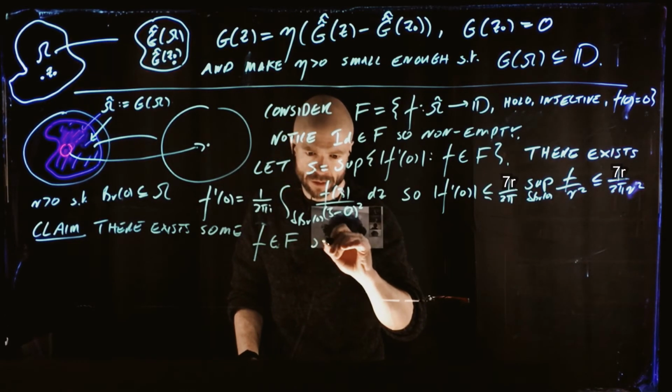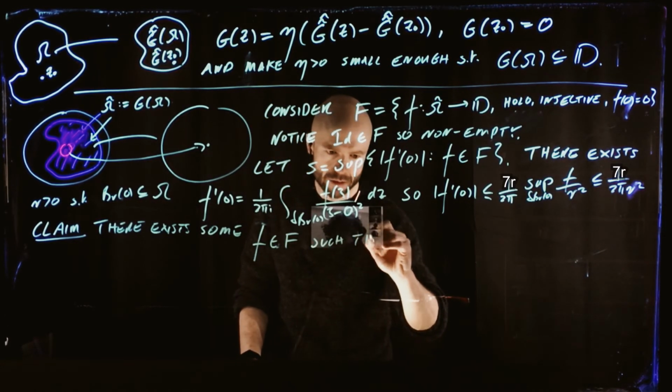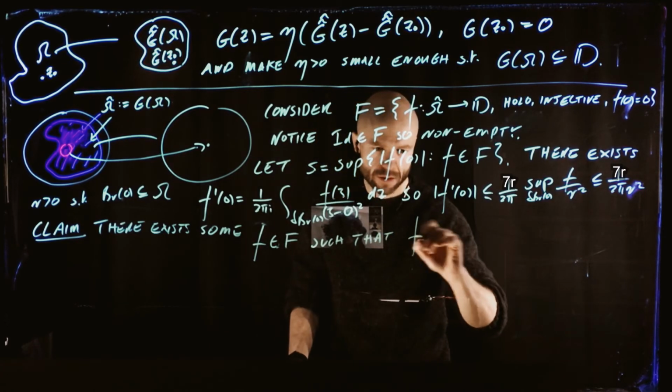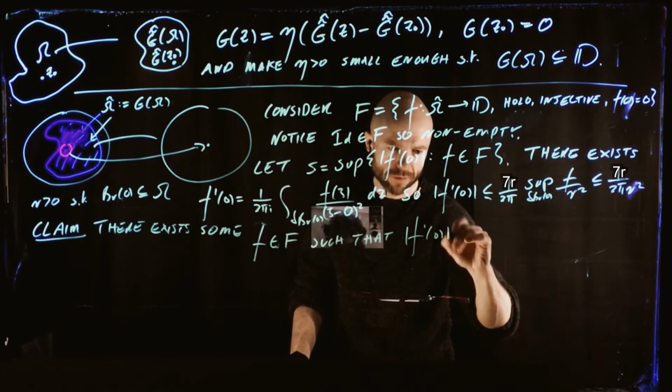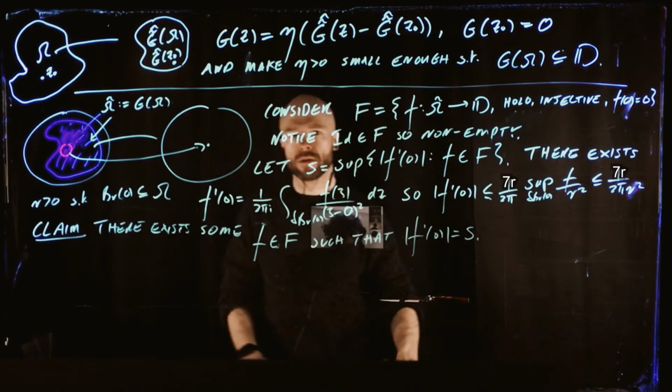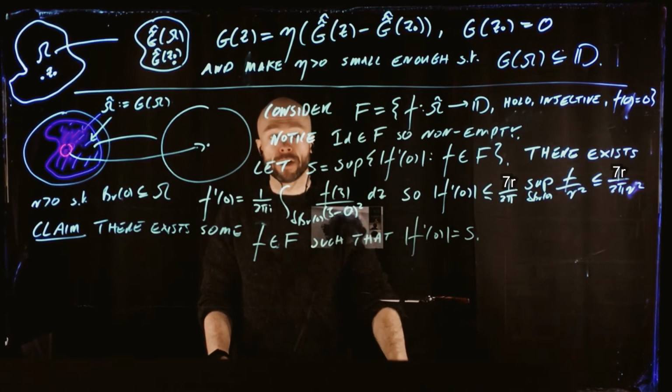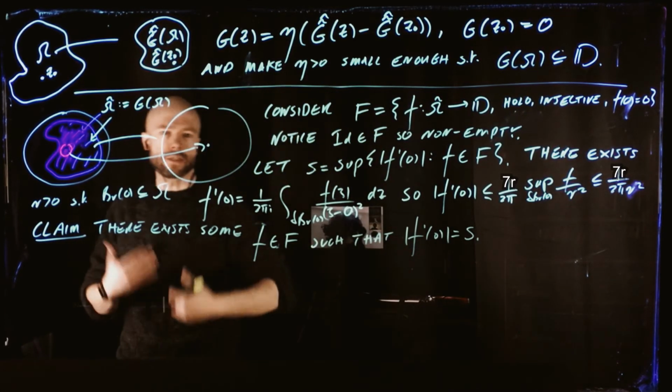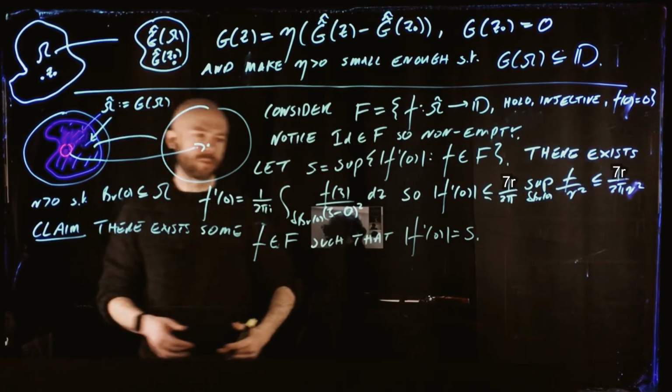F such that the absolute value of f prime of 0 is this maximum here. All right, so how are we going to do this? Give me suggestions. Someone hasn't spoken yet.